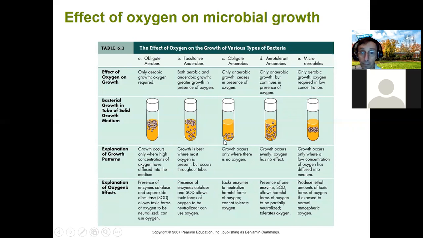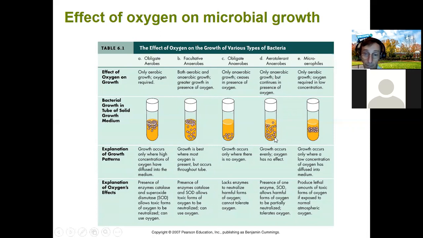There's another anaerobe, and these we call aerotolerant anaerobes. These organisms do not need oxygen to grow. They do not use oxygen, so they can grow everywhere in the tube.